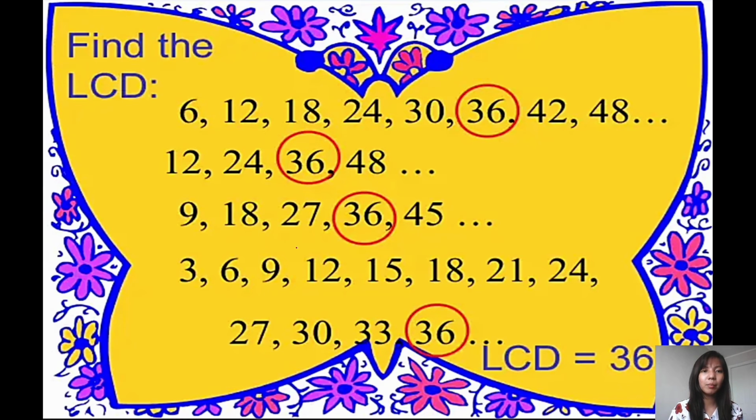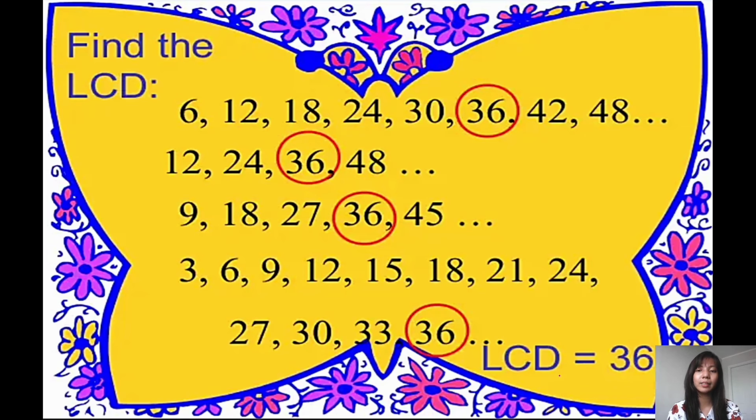So the LCM of 6: 6, 12, 18, 24, 30, and so on. Then the multiples of 12, 9, 3, and so on. As you have noticed, the least common multiple is 36.